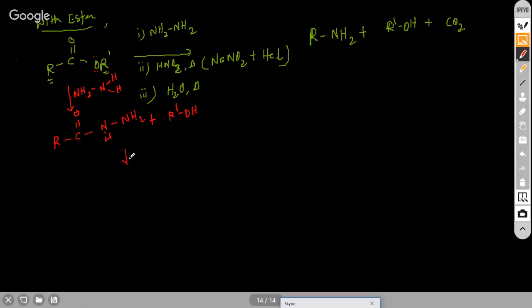Now in this, when you use HNO2 here, then we get RC double bond O, NH, N triple bond N with positive charge.